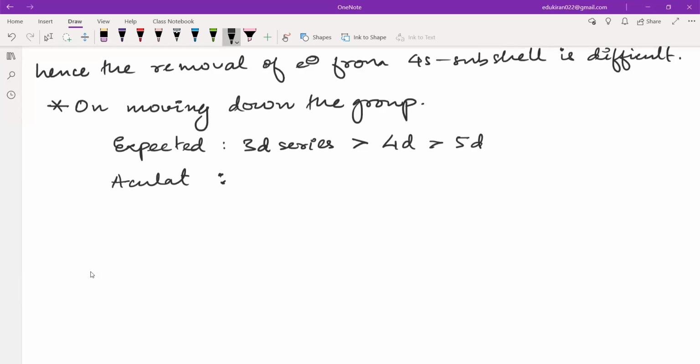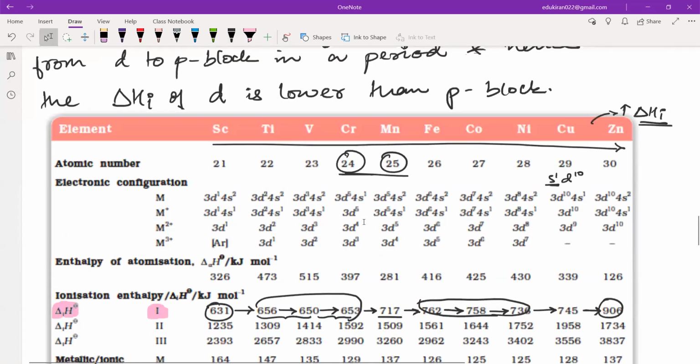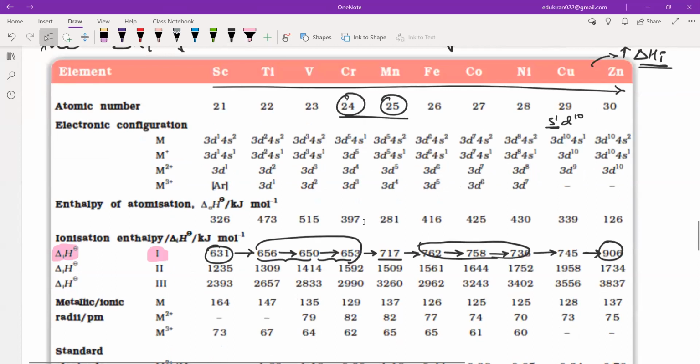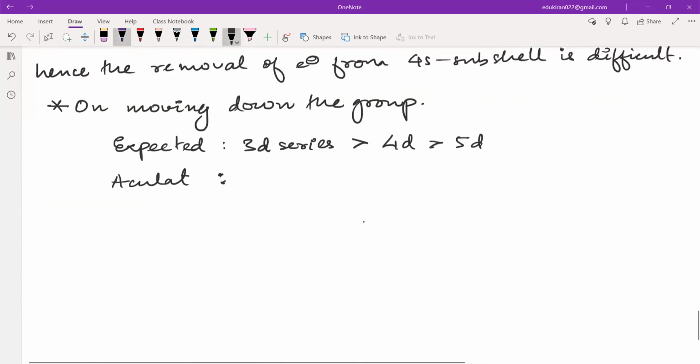So when I look in the first transition series, we had only scandium. We can write here regarding this.